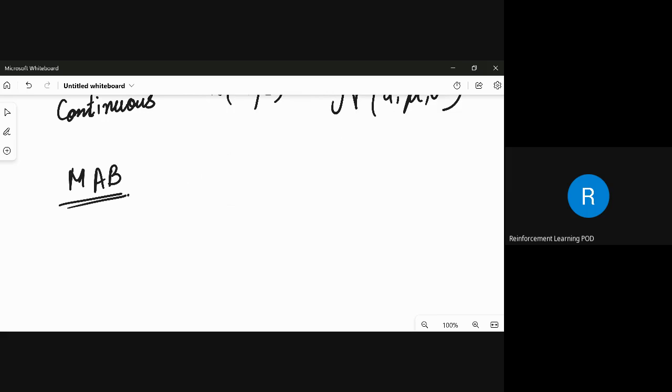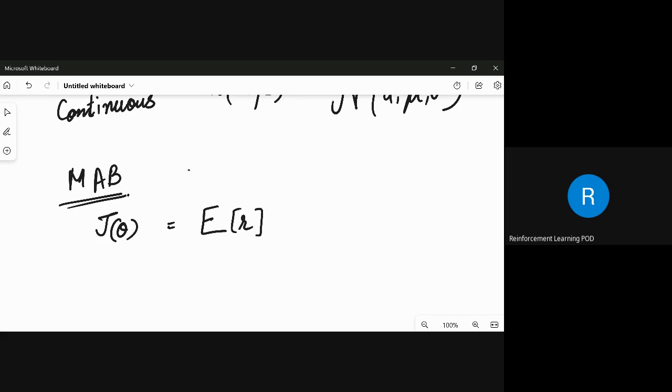Let's take the case of a multi-arm bandit and try to compute the policy gradient for it. This is theoretical and we are not going to use it, but it's worth noting. Sir also goes through this and explains everything. Let's take a look at that. I'm going to just write A.